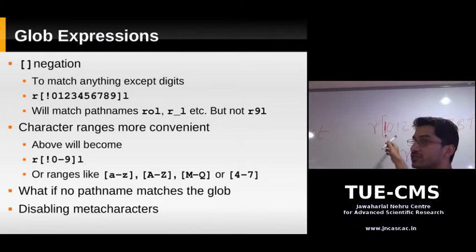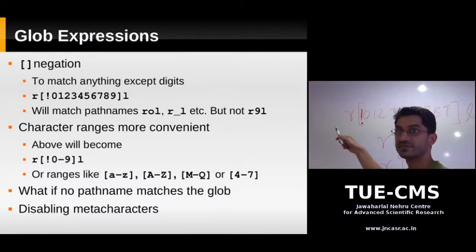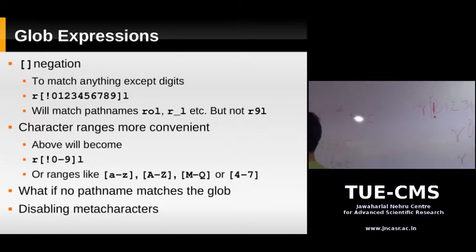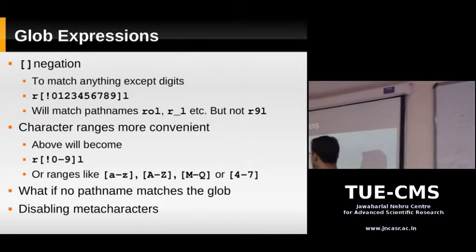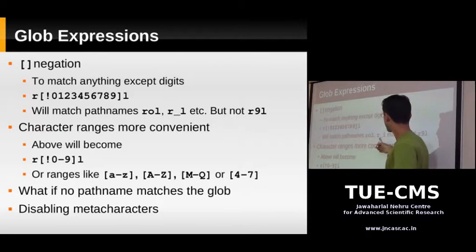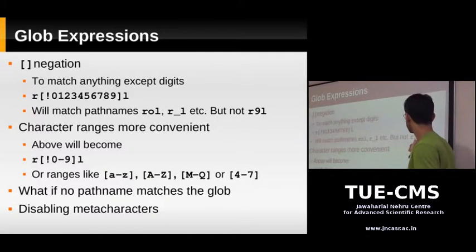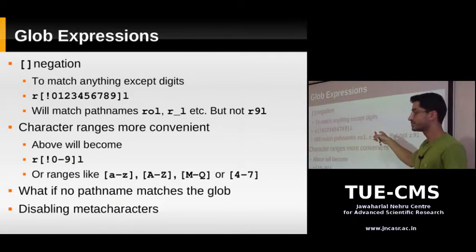That means this glob is going to match anything except this. So if you use an expression like this, it will match ROL. It can even match the file R_L, but it will not match this because 9 is from that set.